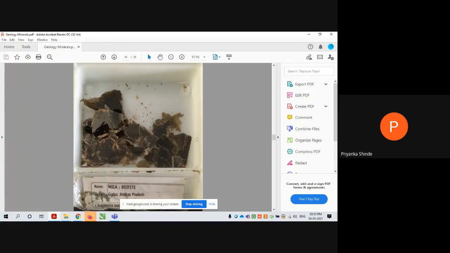Then it is shining, and because of that shine it is used in paints also, the paint industry. Then it is used in furnaces, spark plugs, lubricants. So all these are the uses of mica. The main uses are electrical and electronic appliances.